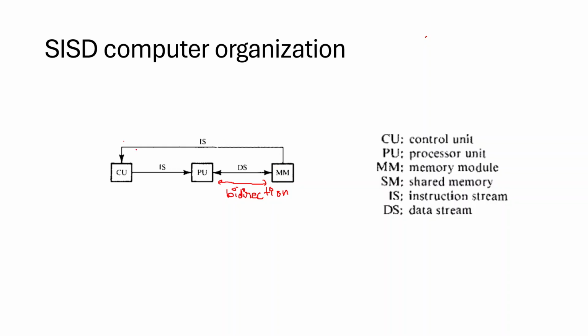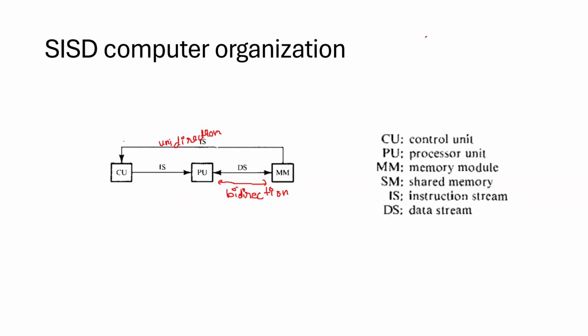But this other line is unidirectional, because the memory module only provides the instruction at any point of time. The processor won't store the instruction into the memory. So these arrows are important. You have to be clear about when it is bidirectional and when it is unidirectional.